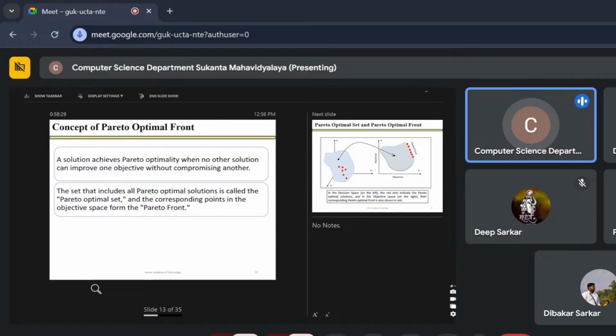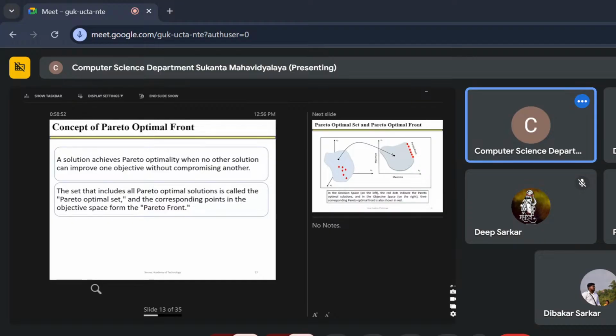Okay. There is an example. Here it is. See, the right hand side is your objective space, the left hand side is your decision space. So if your problem is a max problem, in the right hand side, that means in the objective space, that becomes your Pareto front, because the optimized points in the objective space constitute the Pareto front.